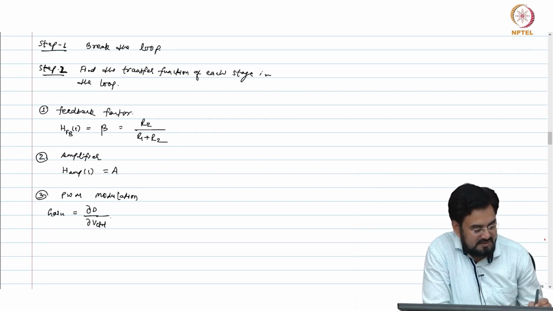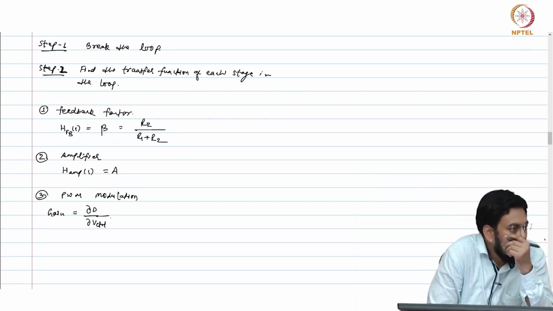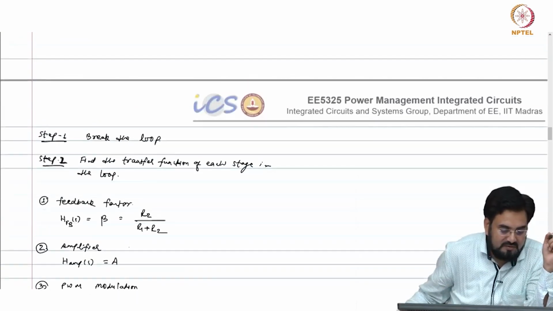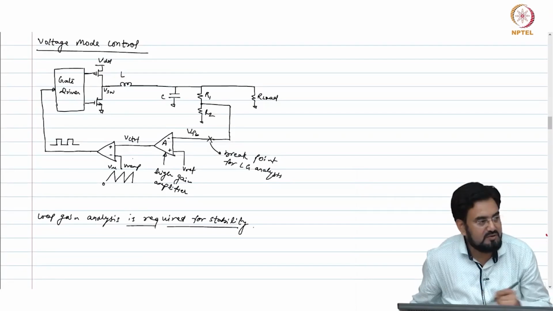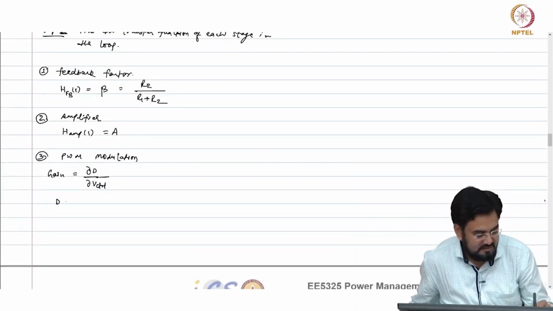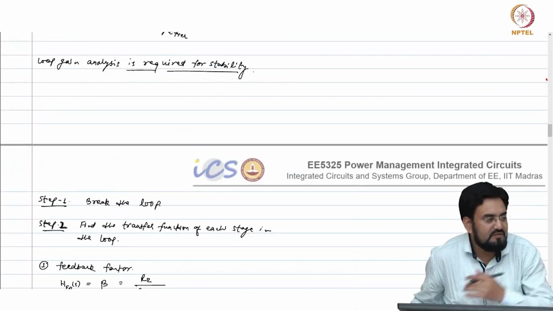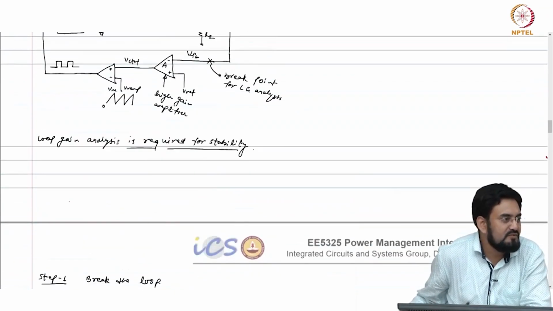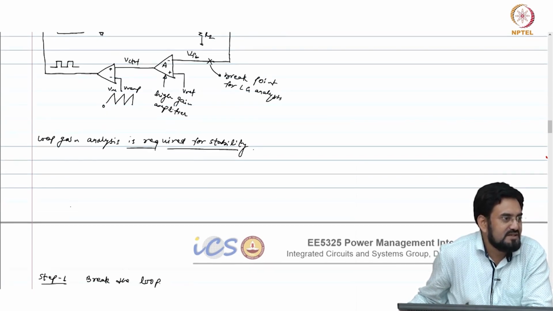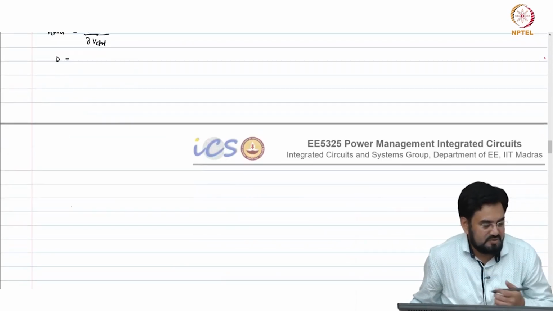Now, if your ramp has an amplitude of Vm, which means going from 0 to Vm, what is your duty cycle? At 0 control voltage, what is the duty cycle? 0. At 0.5 Vm, what is the duty cycle? 0.5. So, it is a linear function. So, what will be the gain?